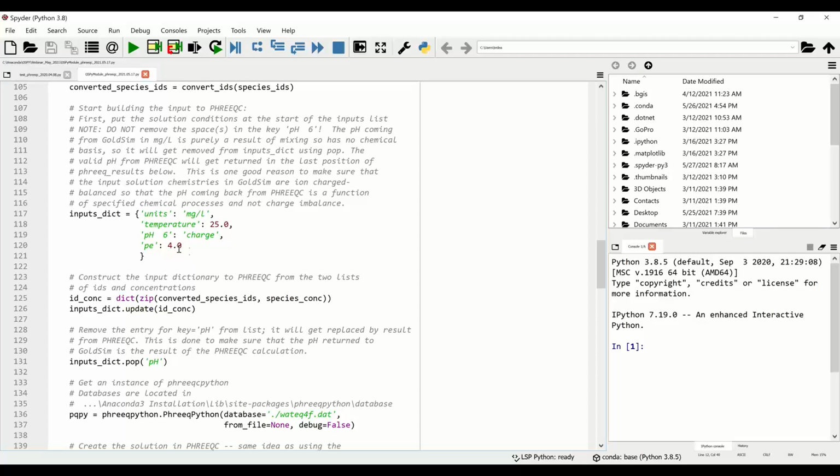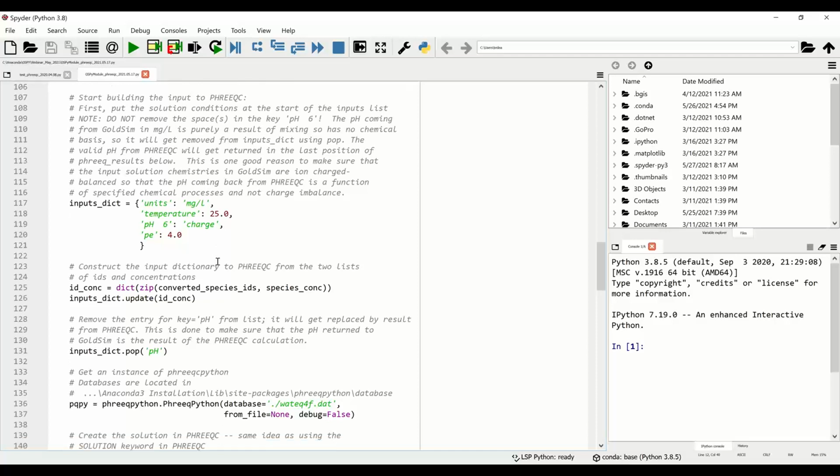I've also given it a PE as the starting point, which is the default, often 4.0. To be honest, this is probably not needed because I'm also equilibrating the solution with atmospheric oxygen. So that's going to get overridden anyway, and Phreeqc is going to calculate the PE based on oxygen and the pH.